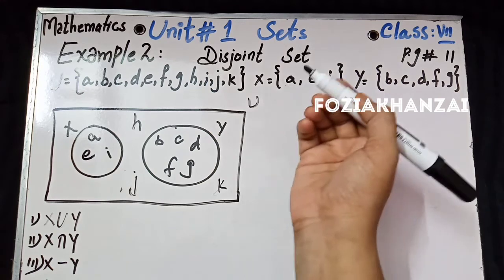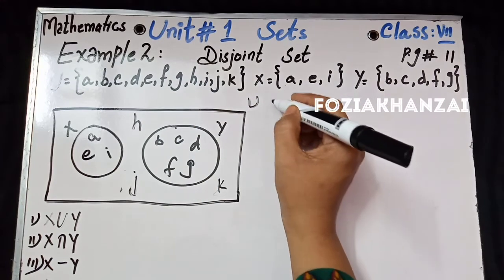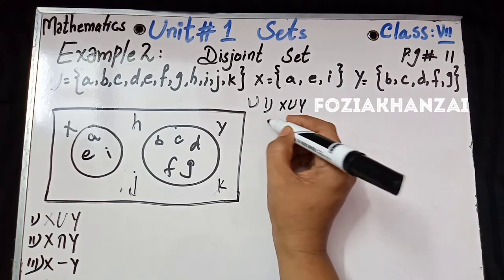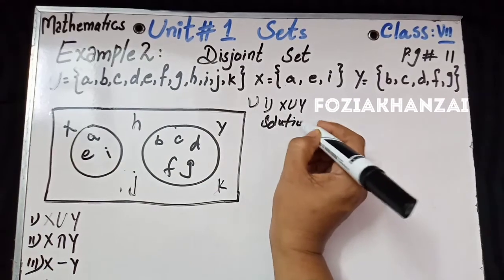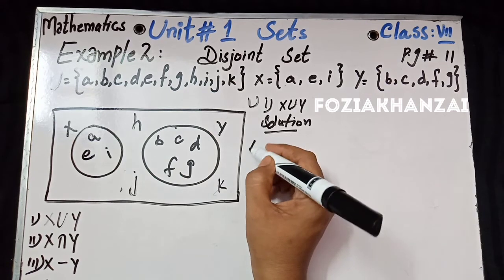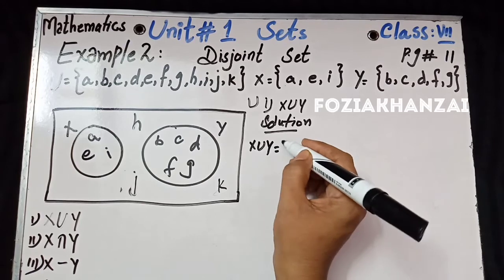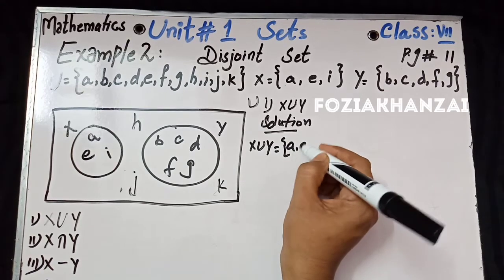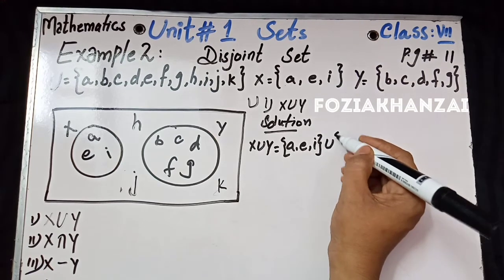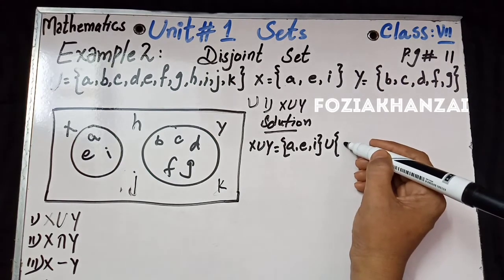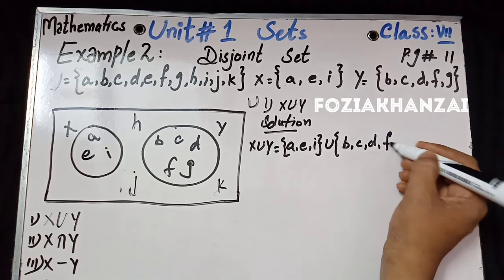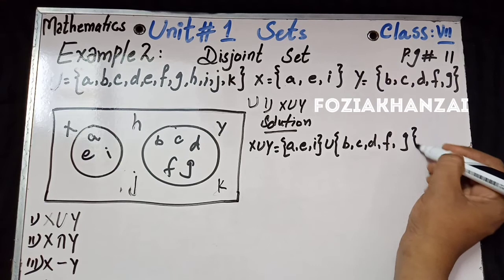First I solve the first part completely. X union Y. First copy elements of set X: A, E, I, bracket close, put the union sign, then copy elements of set Y: B, C, D, F, G, bracket close.